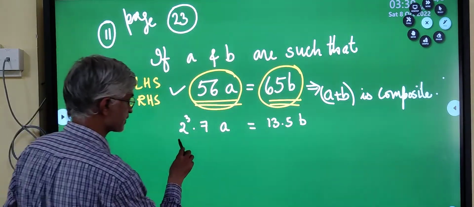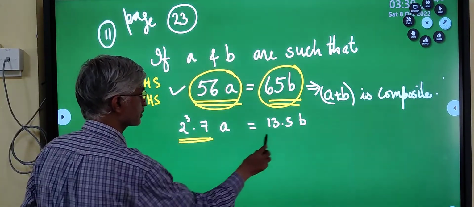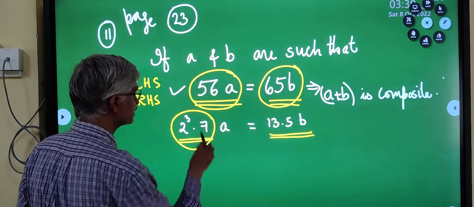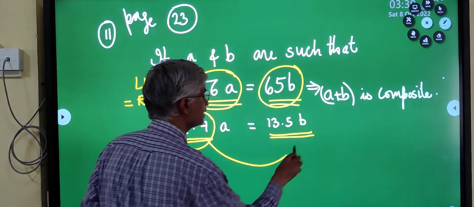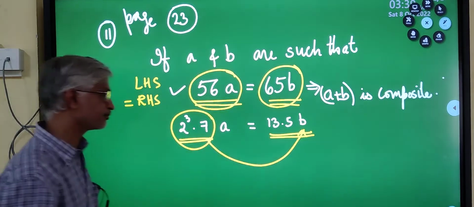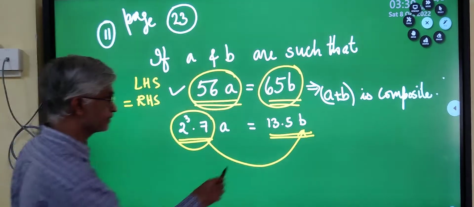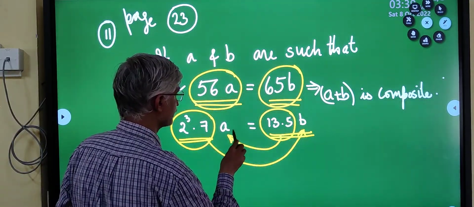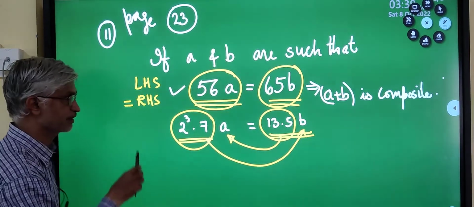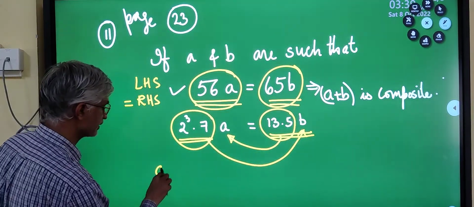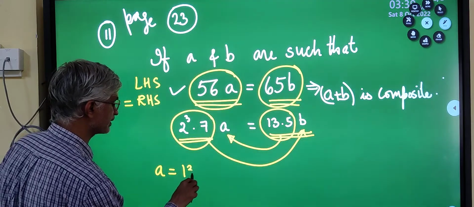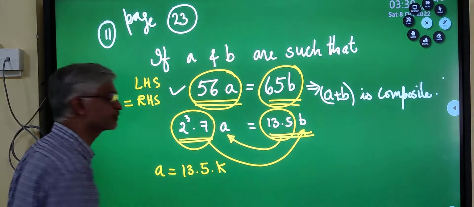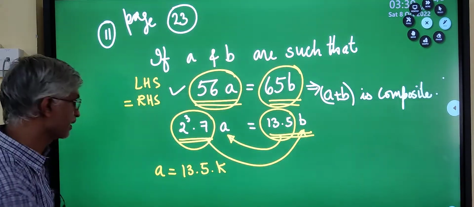Now if you look at the LHS, these two primes have to occur also here, which means that these two primes are actually in B. Similarly, these two primes have to occur in A. What this means is that A definitely has a 13 in it and a 5 in it, times some factor K which we may not be so interested in.